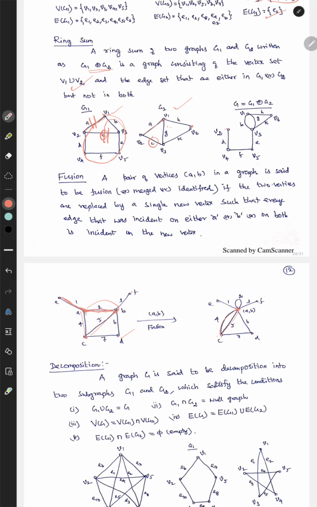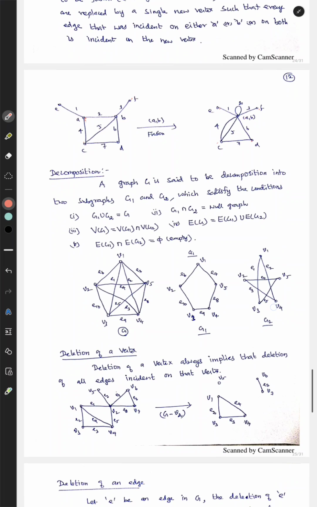And A is adjacent to B, both the fused vertices are adjacent, therefore you will be having a loop at that fused vertex. This way you will be forming what is called the fusion of two vertices in a graph. Basically you are identifying those two vertices, and whichever edges are incident on either of them will be incident on the fused vertex. Okay, so that way we are forming the fusion.